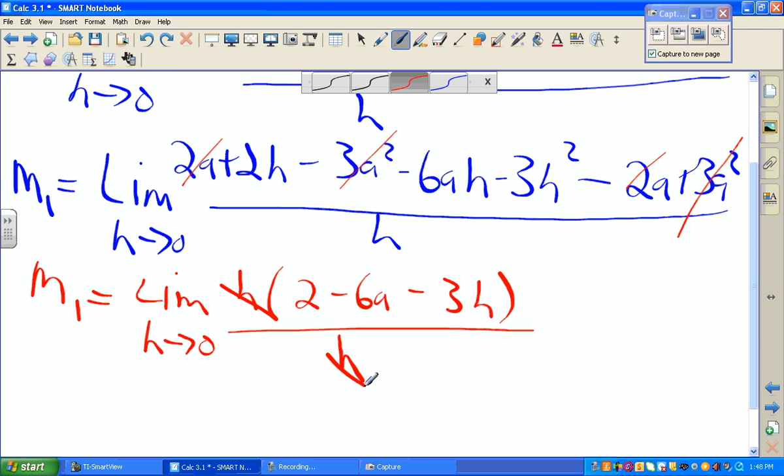Cross those off. The h's, what happens to them? They turn to 0. So you're left with 2 minus 6a. Put in the 1, you get -4.